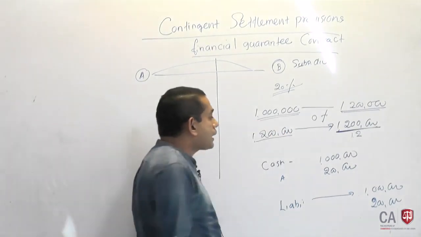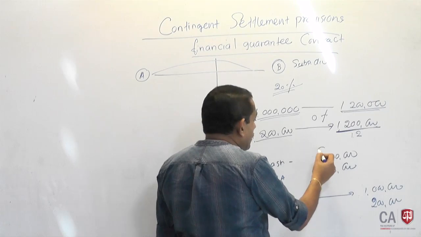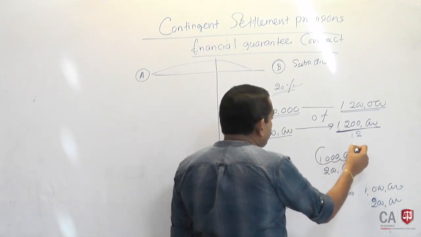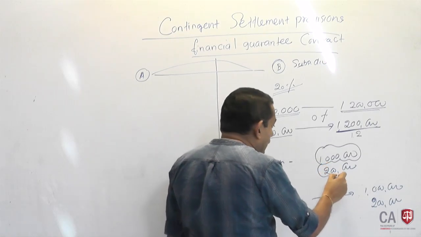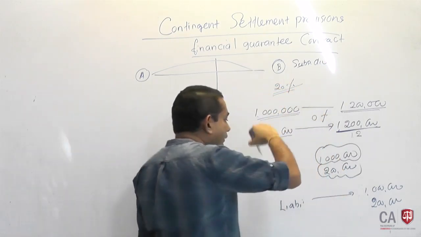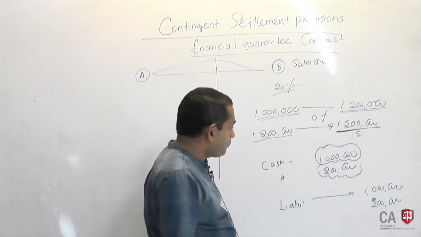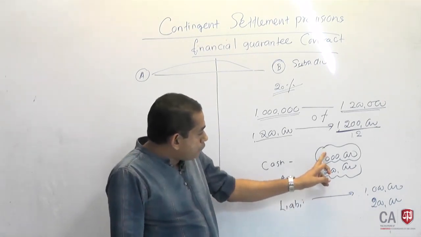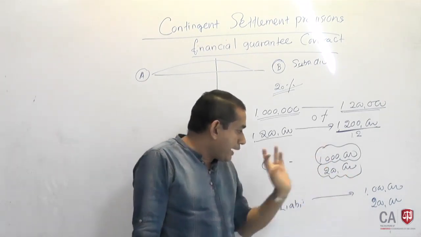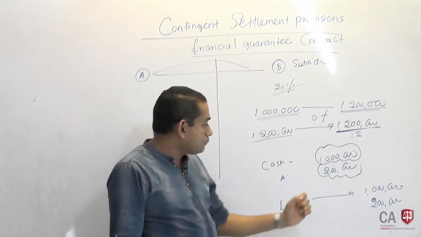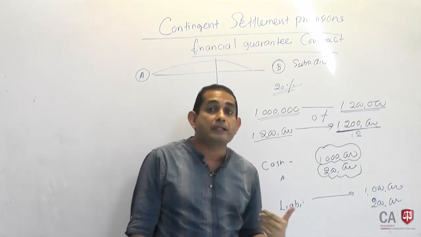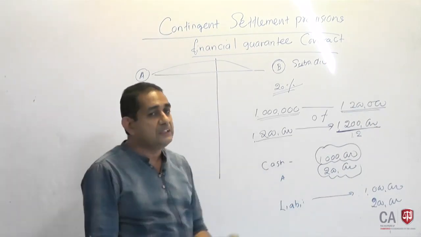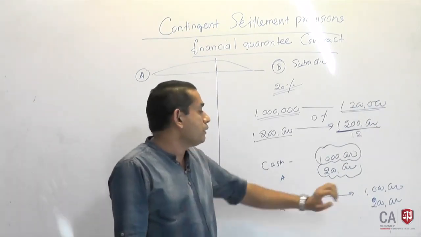That's like company B receiving 1 million rupees from the bank, and receiving 200,000 rupees from A. The amount which company B received from the bank should be the liability, and the amount which company B received from company A should be like a capital infusion from the parent to the subsidiary company, part of equity.